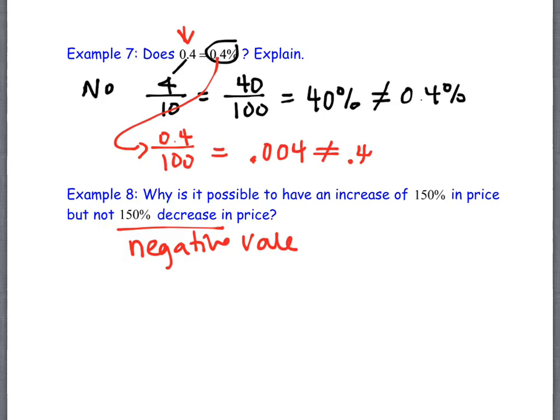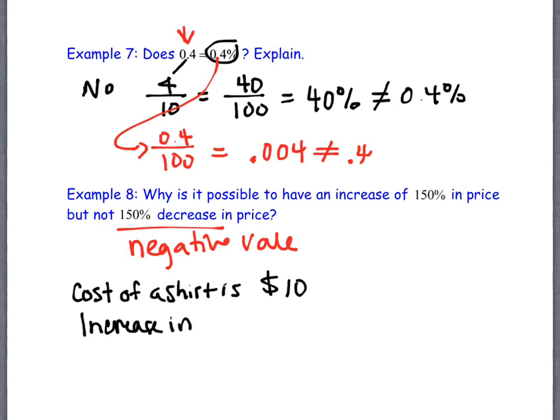What would be helpful sometimes is to actually do a numbered example. So let's give an example with some numbers so you can see what happens. Let's say the cost of a shirt, and we'll just use an easy value, is $10, okay? And they want to have an increase of 150% in price.